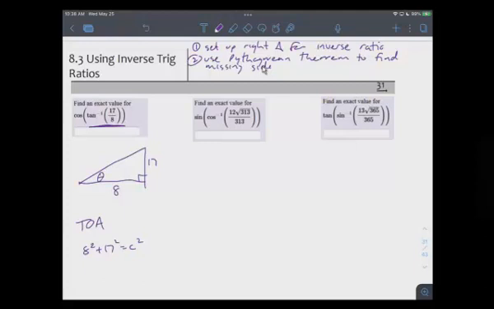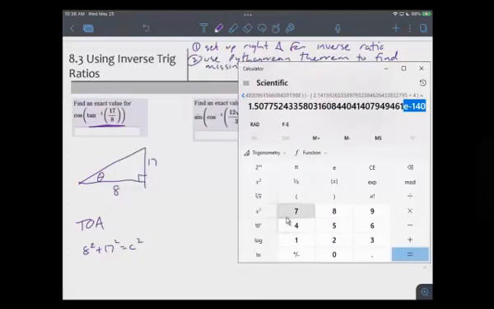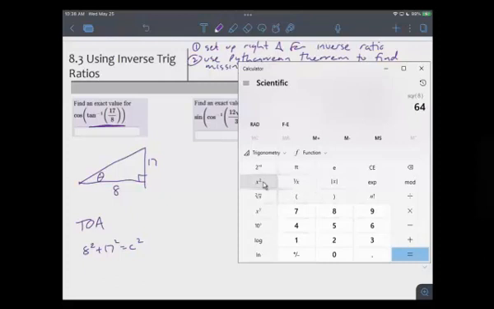Solve what I have here. I'll use this calculator since I have it pulled up. Okay, so if I square 8, add the square of 17, I get 353. Extract the root. Okay, and so that is my hypotenuse.